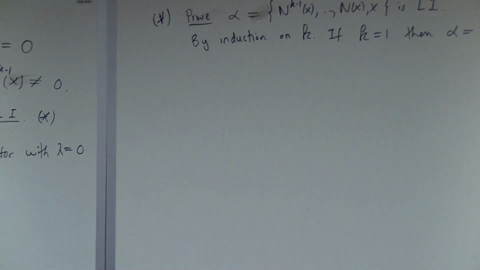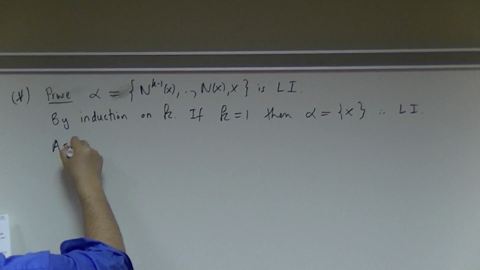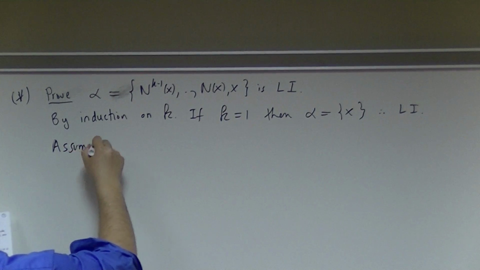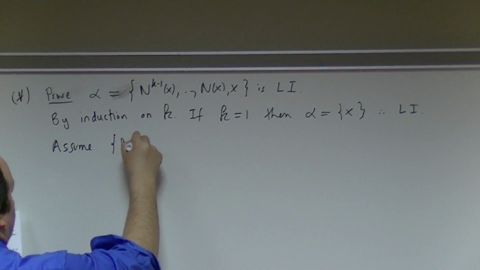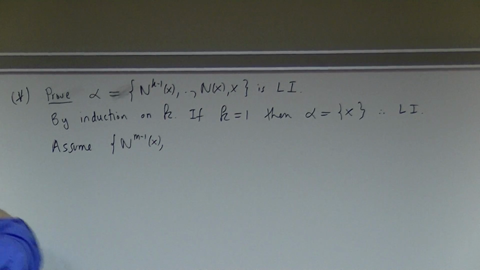Now what we're going to assume is that n sub, let's say n sub m minus 1 of x. Oh, that's not the same m, I need a different letter.